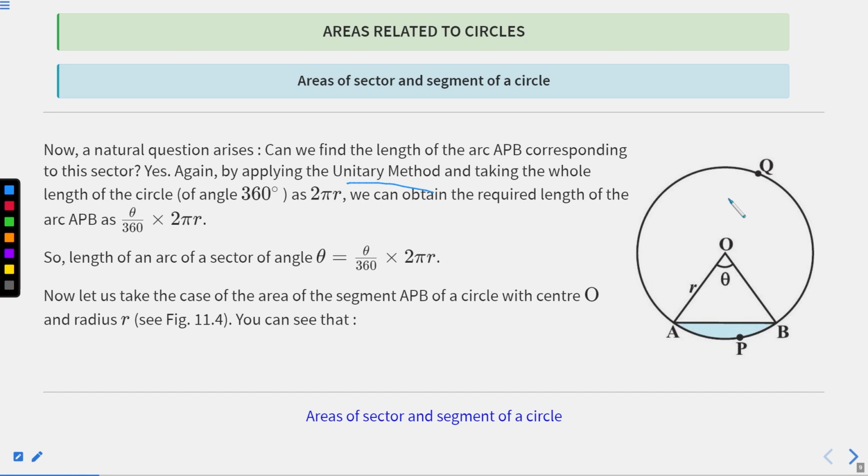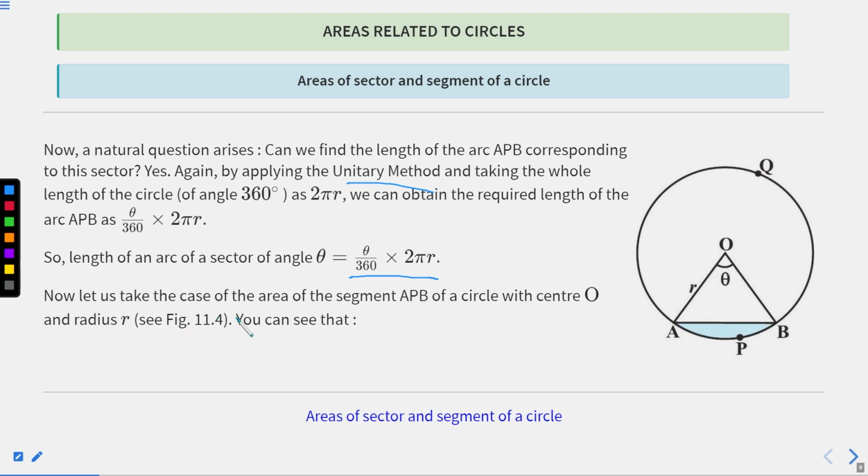So we can obtain the required length of the arc APB as theta by 360 into 2 pi r. So the length of an arc of a sector of angle theta is equal to theta by 360 into 2 pi r.